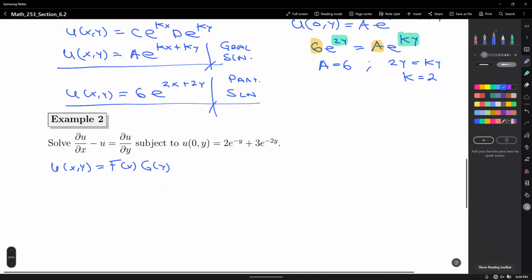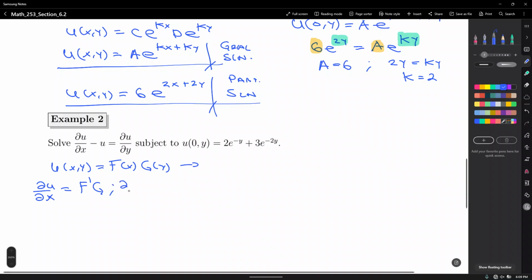Okay. So what do we need? From here, the partial of u with respect to x is f prime g. I'm not going to write the x and the y. I think at this point it should be understood that the first function is a function of x, and the second function is a function of y.